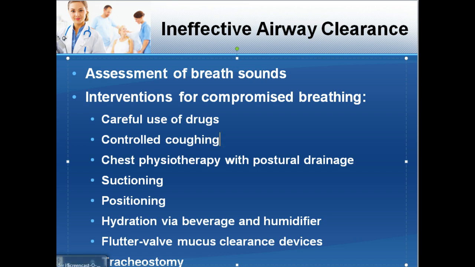You would carefully use the drugs that you give them. You would try to control their coughing so as not to cause them pain because of the incision. They do tend to use chest physiotherapy or what they call postural drainage, when you cup your hand and try to knock that mucus out of the airway.